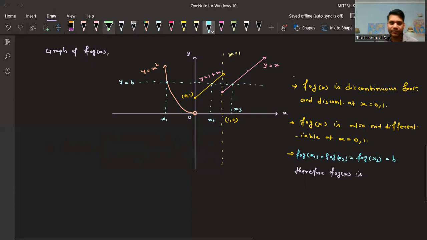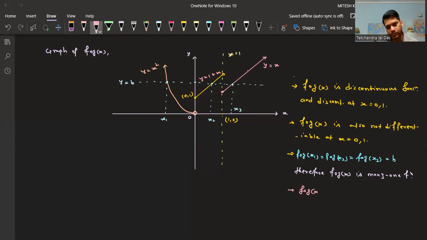So therefore f composite g is a many-one function. Done. So if a function is many-one, it is a non-invertible function. So the next point we can write about this function is that f composite g is non-invertible. Sorry.